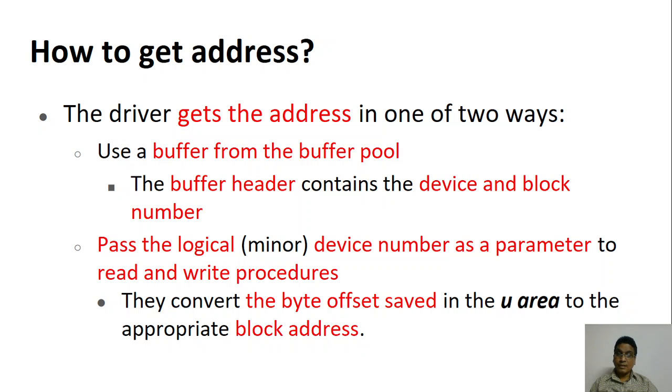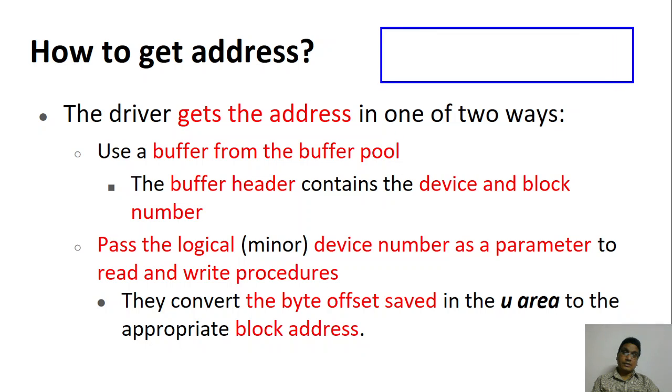Now again, let me tell you, when we look at the Unix system, a physical hard disk may be divided into logical partitions, and a physical hard disk is given a major number, and every partition is given a minor number.